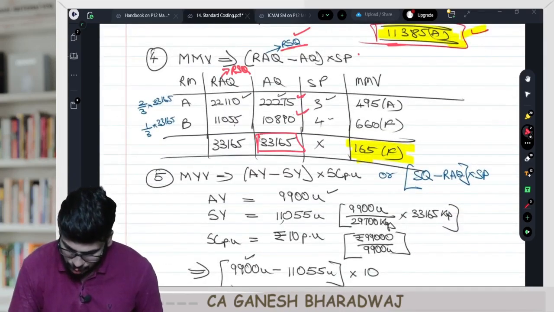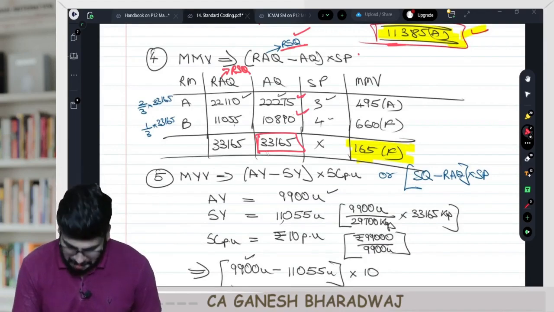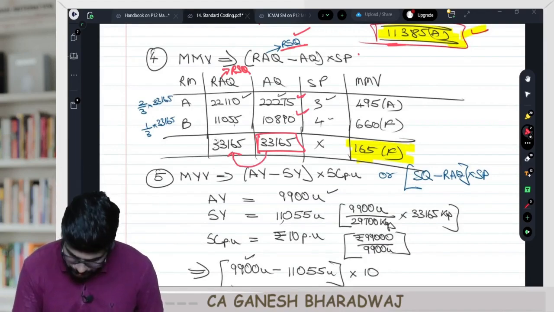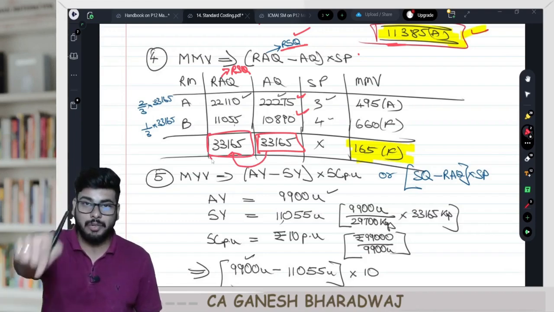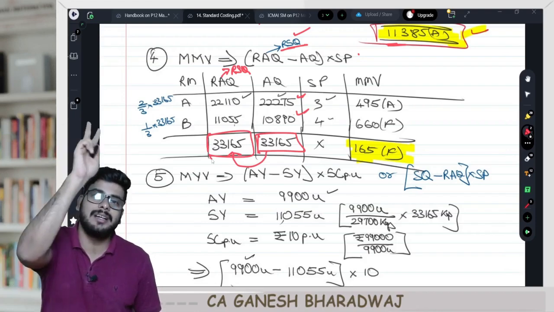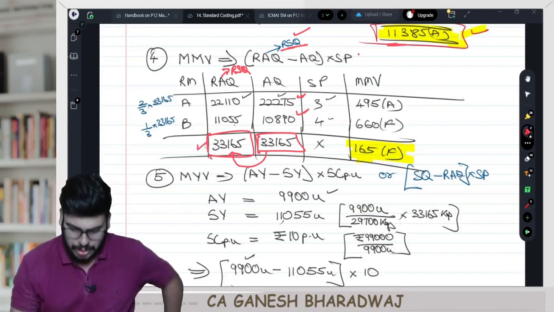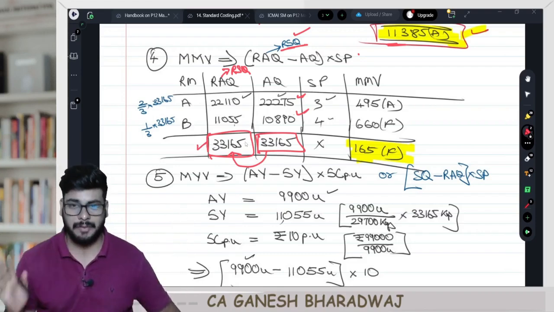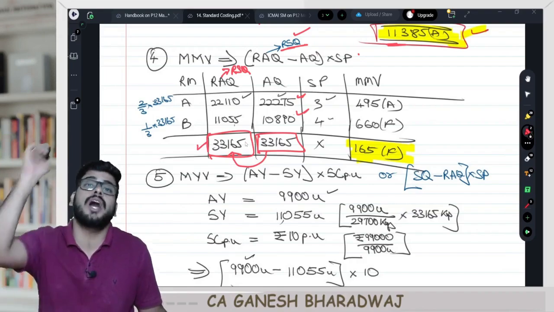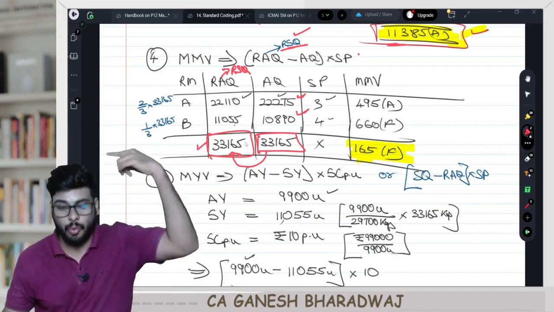You add up, you get 33,165. Now, just insert this 33,165 here. Now, revised standard quantity means what? The actual quantity in the standard mix, meaning what? Totally, what is the total kgs of raw material I've used? 33,165. Fine. But this you should have consumed in your original mix.